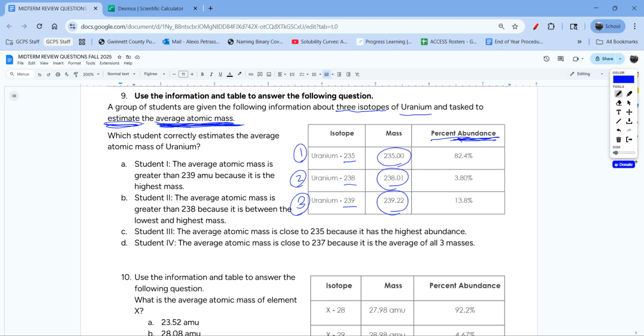Okay, so it says estimate the average atomic mass. You want to look at percent abundance. Abundance means how often do you find it? How much is it there? So which one do you see the most of? Which one has the bigger percent?